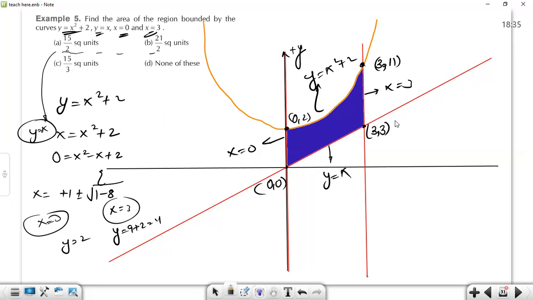Yeah, sir. So, I guess we have drawn a little awkward graph because 0, 2 is above 3, 3. So let's bring the parabola a little downwards.